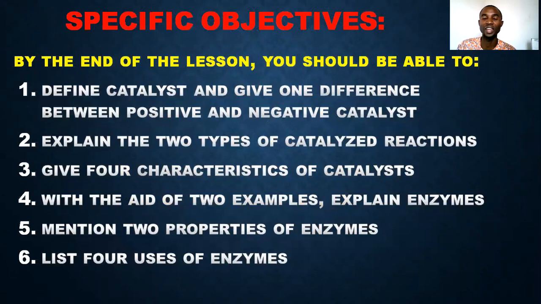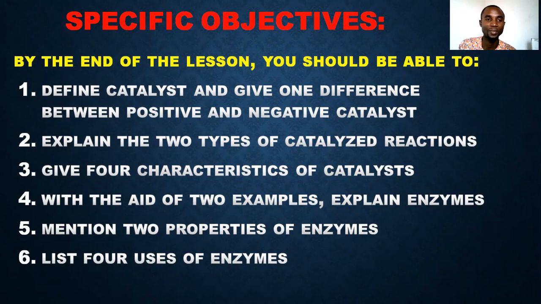So you're also going to learn about enzymes in this video. Then number 5, you should be able to mention 2 properties of enzymes. Then lastly, you should be able to state 4 uses of enzymes. So these are the things we want to achieve by the end of this class. Let's follow them one after the other.